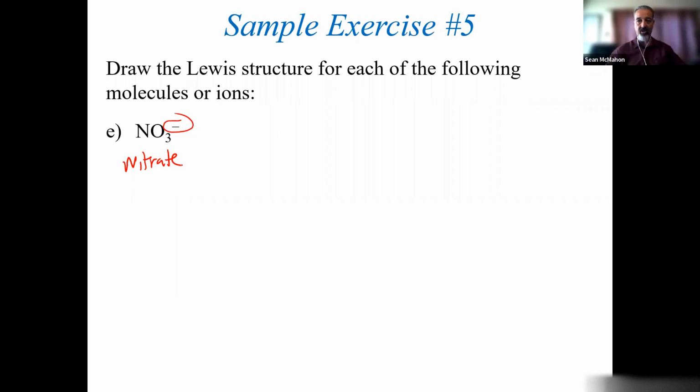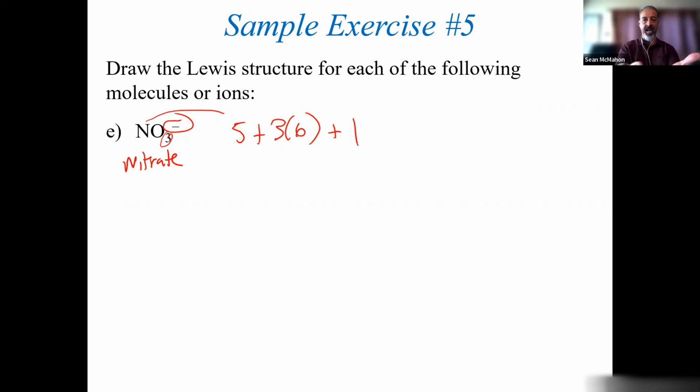So let's calculate total valence electrons. The nitrogen gives me 5. Why? Group 5A. There's 3 oxygens. They're group 6A, so each gives me 6. What do I do with this extra electron? Well, I'm adding 1 valence electron. The negative charge means there's 1 more electron.